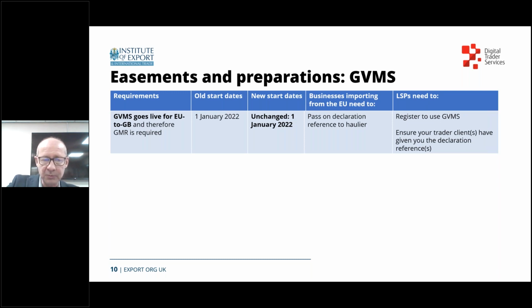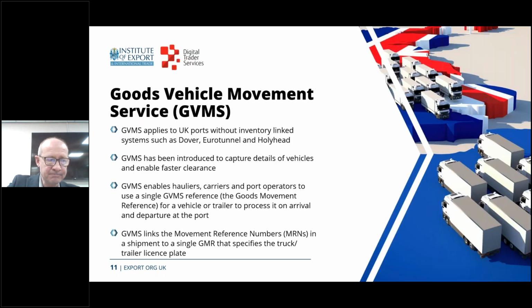Becomes absolutely important, and we can see here another reference is required, the GMR, a goods movement reference. So this is where all these references need to tie up. So there is potential here, if we don't prepare, if we don't consider and reflect correctly, that something could go wrong in the chain. And we think about the number of movements, the short sea crossings, the importance of getting this right. If we have the next slide, please.